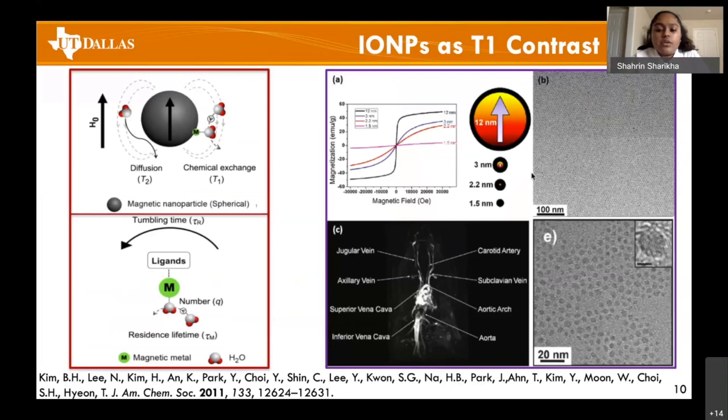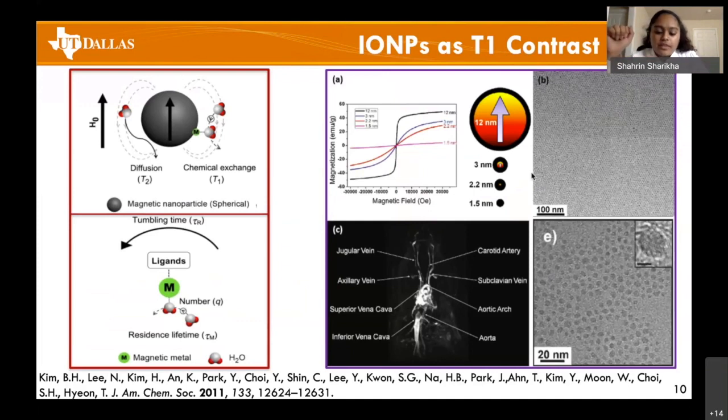And so researchers have noticed that by decreasing the volume of the nanoparticle, they're decreasing the core that actually contributes to the magnetization. And by doing that, they decrease the T2 aspect of the particle, and thereby enhance the T1 aspect.